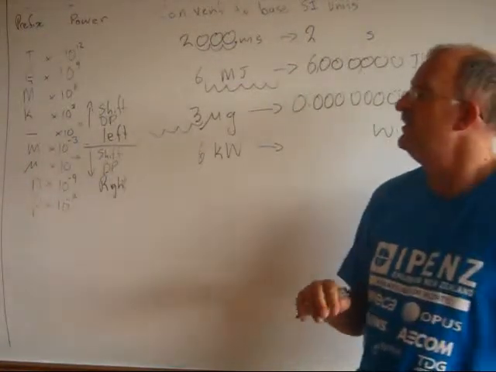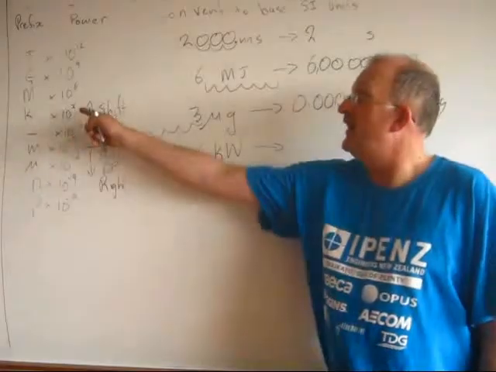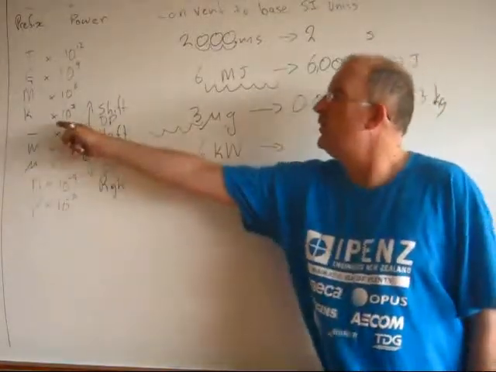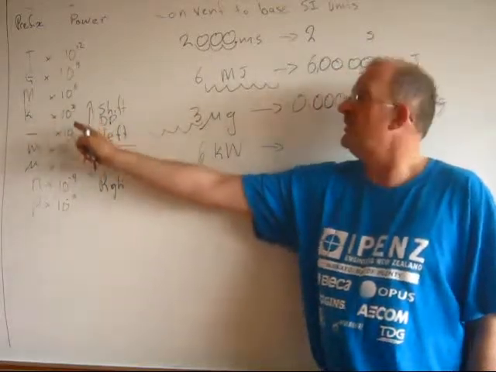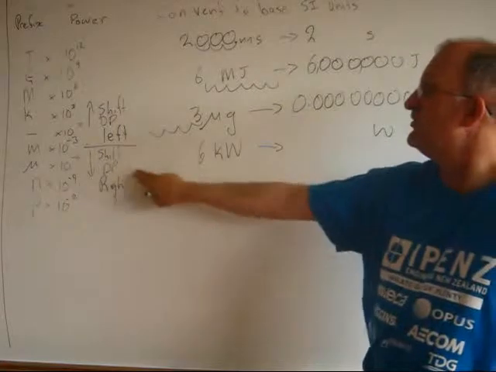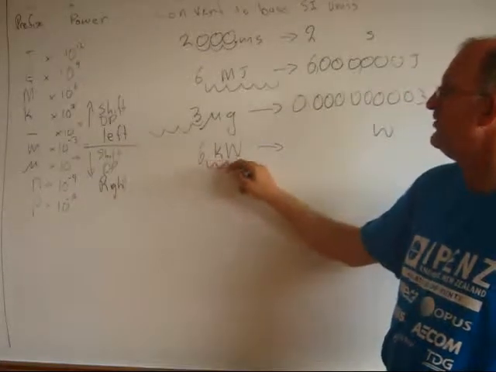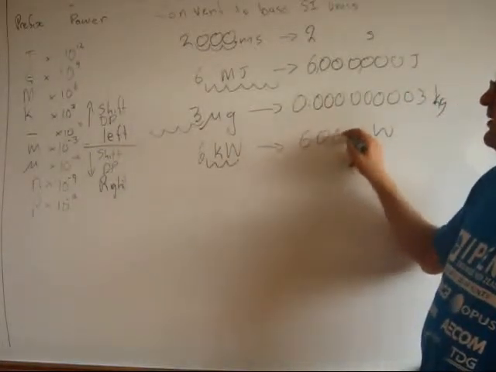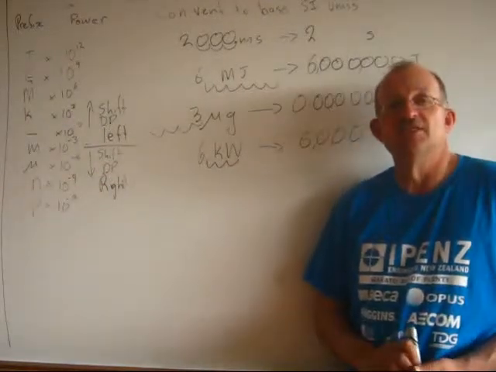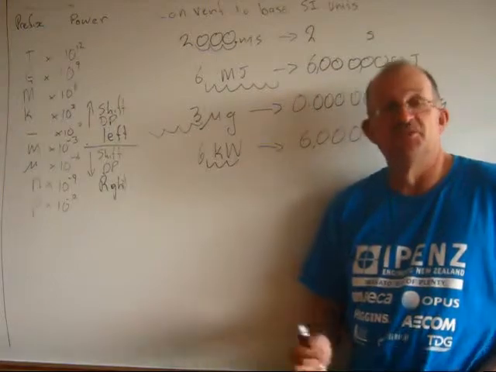Again, step 1, figure out how many places we're shifting. Kilo is 3, we're going down to 0, so it's changing 3 decimal places. Because I'm shifting down, we shift to the right, 1, 2, 3. That becomes 6,000 watts. Cool.